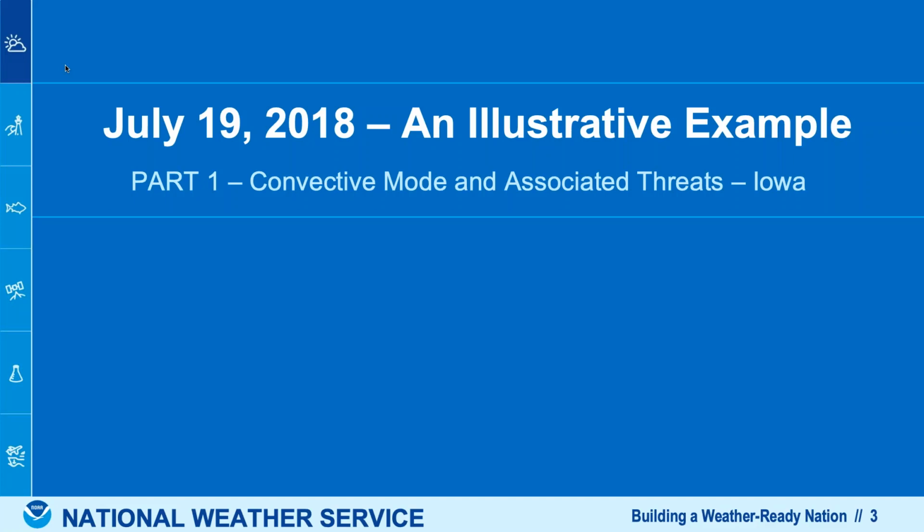For the first part, we're going to focus on Iowa, where the SPC had identified a slight risk of severe thunderstorms based on a 15% probability of damaging wind and large hail, with a 2% probability of tornadoes. That's the backdrop, and then I'll turn it over to Matt, and he can discuss that scenario in further detail.